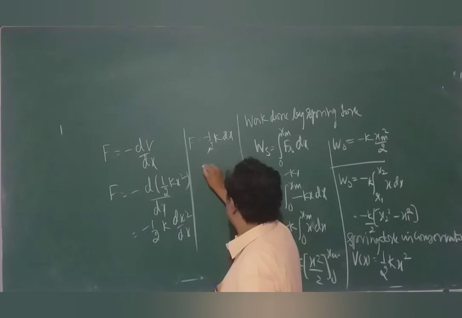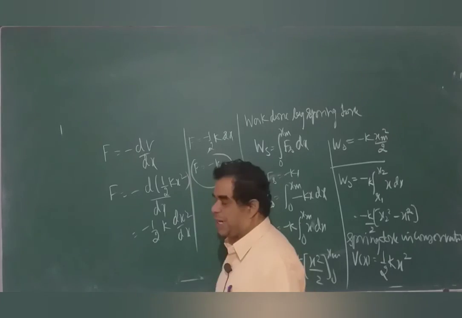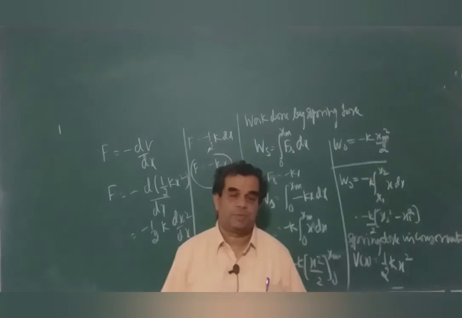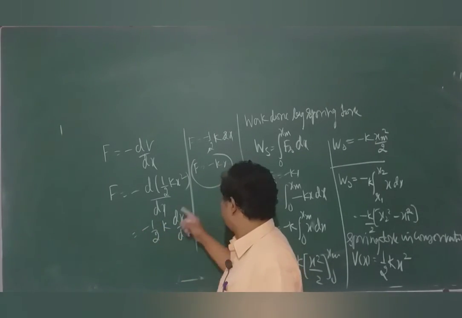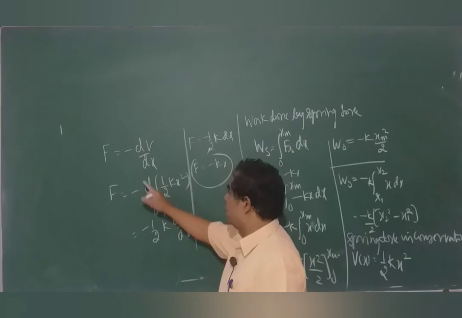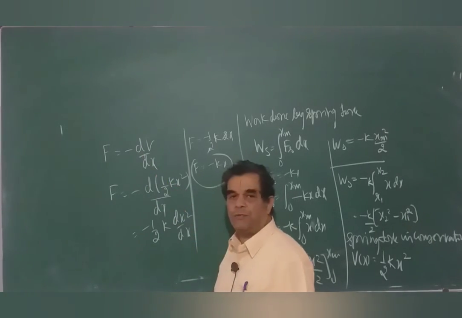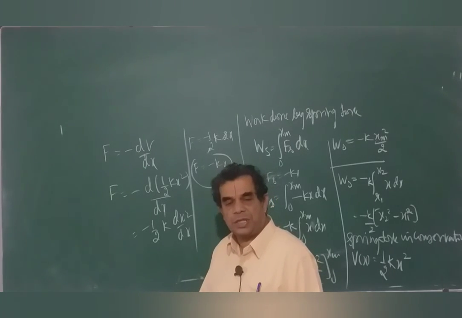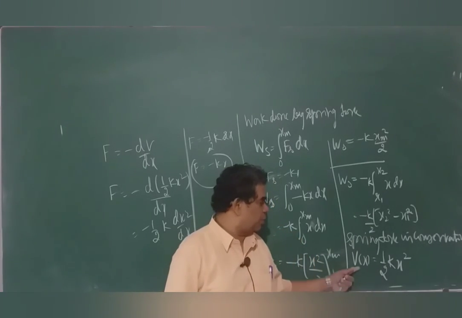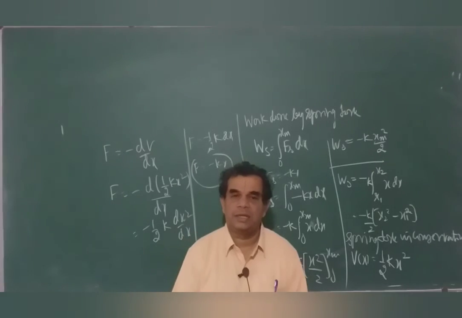So cancel it, minus kx. So potential energy, if we take half kx square for the spring, it results in the spring force back according to the definition of a conservative force, F equals minus dV by dx. Therefore, the spring force is conservative and the potential energy expression for the spring is half kx square.